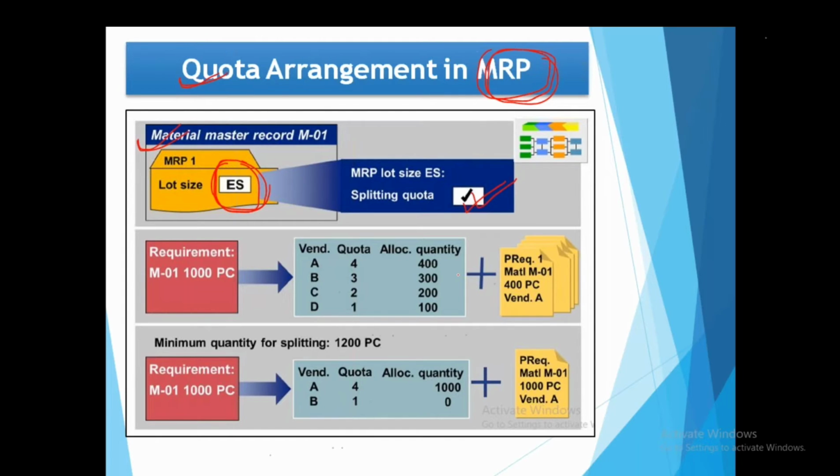When you do this and run MRP, the system will automatically do the splitting, and accordingly it will allocate the vendor in the MRP.